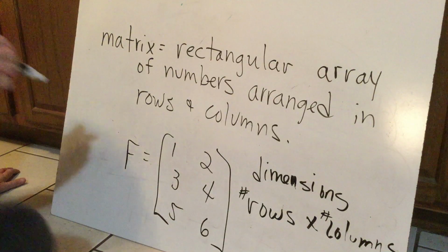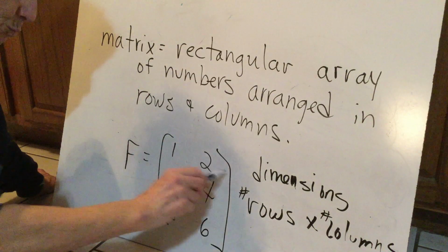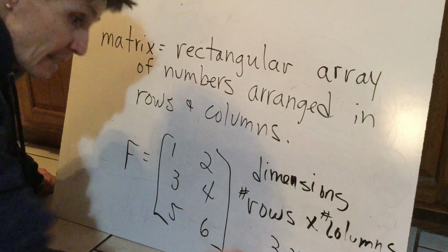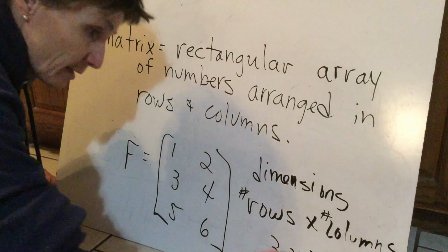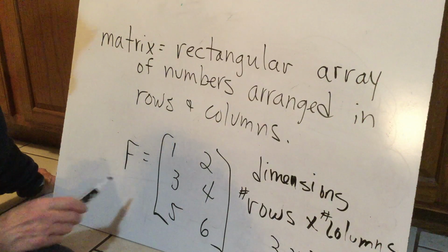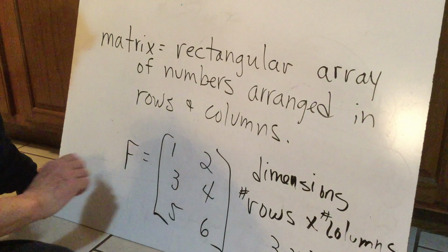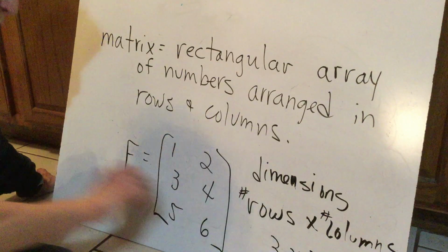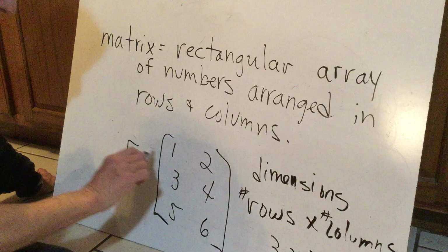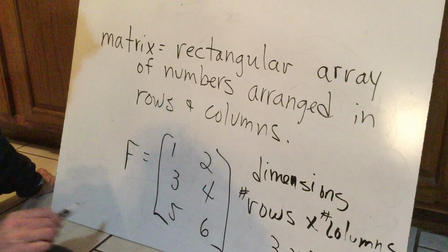So this one has 3 rows and 2 columns. Now, to remember that, I want you to think about the rows of a bleacher. The rows of the bleachers go this way. They're horizontal. So this guy has 1, 2, 3 rows.